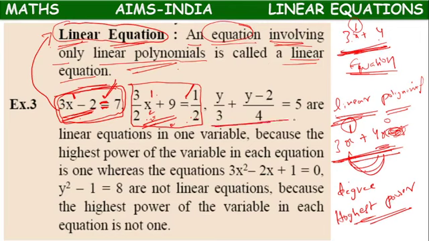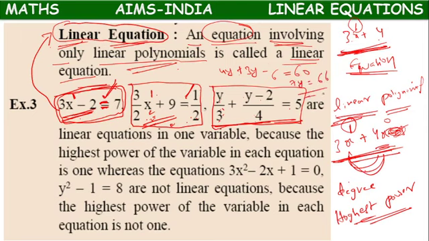Whereas in this third example, if we simplify, we will get 4y plus 3y minus 6: 4 into y is 4y, plus 3 into y is 3y, minus 3 into 2 is 6. Directly we can write 4y plus 3y is 7y, minus 6 goes outside.